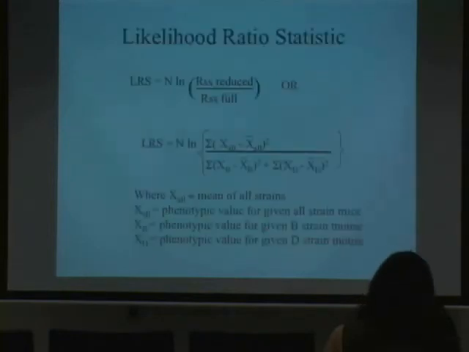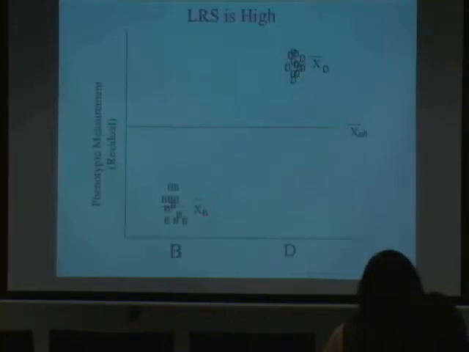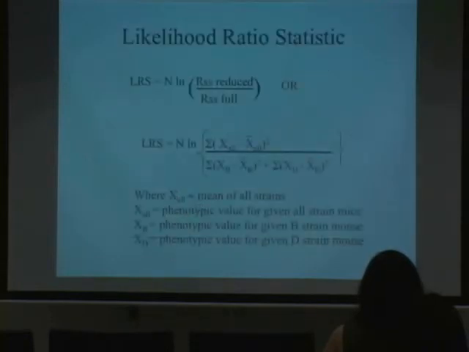And then the denominator divides it up with regard to groups. So it says, all those in the B group, we're going to take each value minus the mean of the B's and square that. And all those in the D group, we're going to take each of those values minus the mean of the D's and square that. So if the data looked like that, in this particular example, and we had this thing to grind through, would this value end up being large or small? Large.